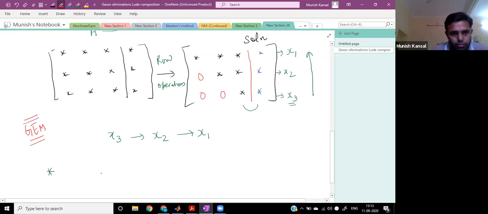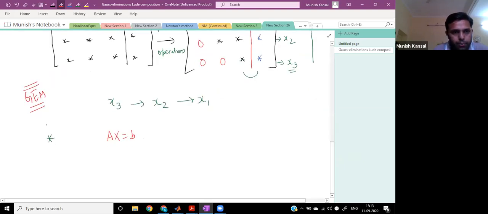Now, once you write down AX is equal to B, right? So in LU decomposition, what we do, we break the matrix into product of two matrices, L and U. This is the factorization. Like you write down, say 10 as 2 into 5, right?